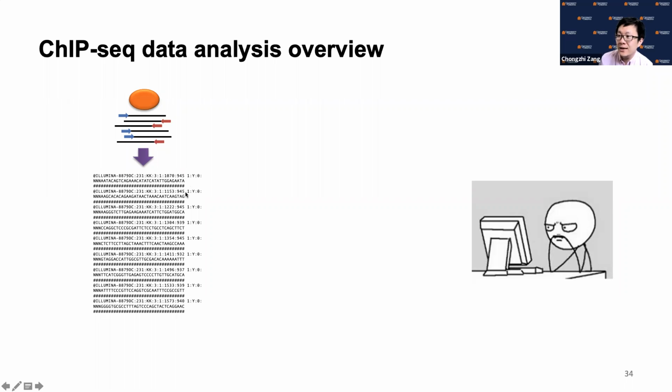It's almost unreadable, although we know that 3 or 4 lines represent each sequence read, and in each sample there could be tens of millions or even hundreds of millions of such short sequence reads.